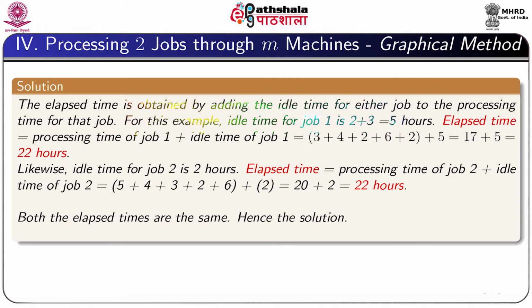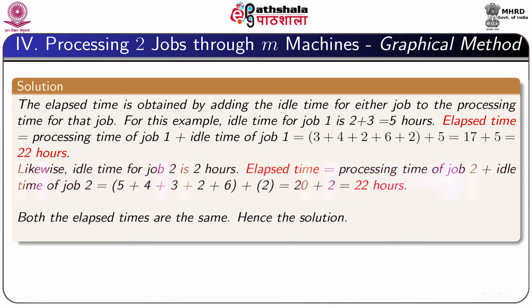The elapsed time is obtained by adding the idle time for either job to the processing time for that job. For this example, the idle time for job 1 is 2 plus 3 equal to 5 hours, and idle time for job 1 is obtained if we move vertically. So, from the figure we can easily check the idle time for job 1.